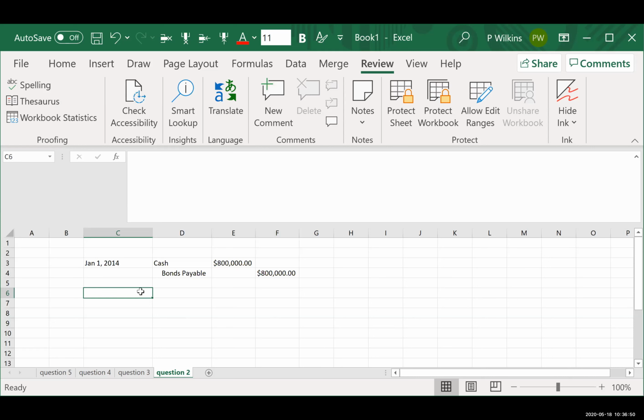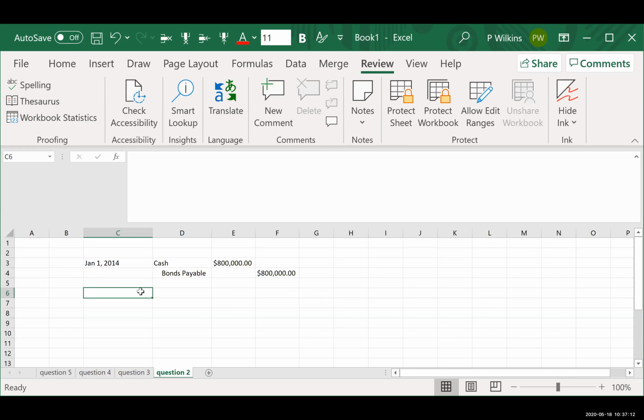And so remember whenever we do the interest, we always ask ourselves, when was the last time interest was done? If they don't tell you when it was done, you assume it's never been done. And so you're going to go from the date of bond issuance to the date you're doing the interest. If the interest had been done before, you're going to go from the last time it was done to the date you're doing the interest.